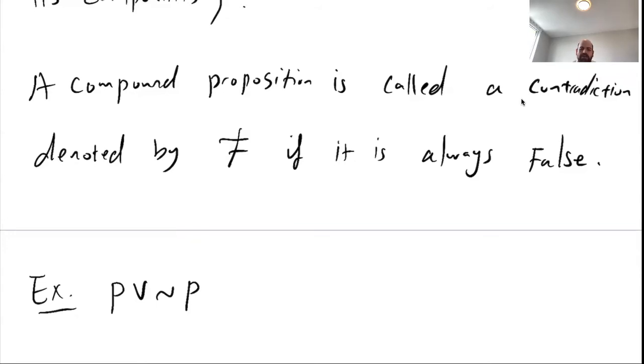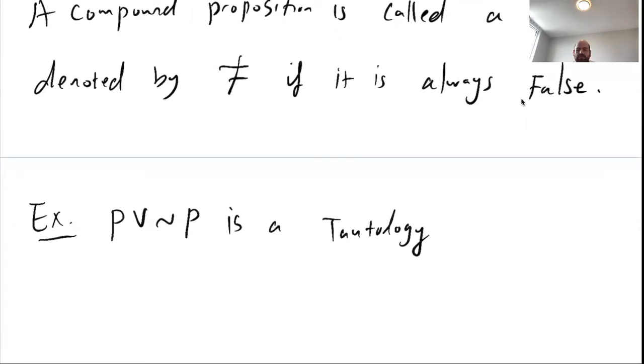So this is always true, so this is a tautology, because no matter whether P is true or false, P or negation P is always true.